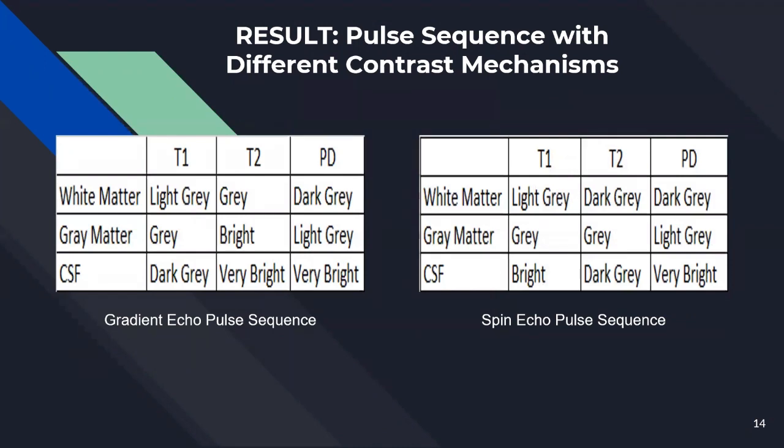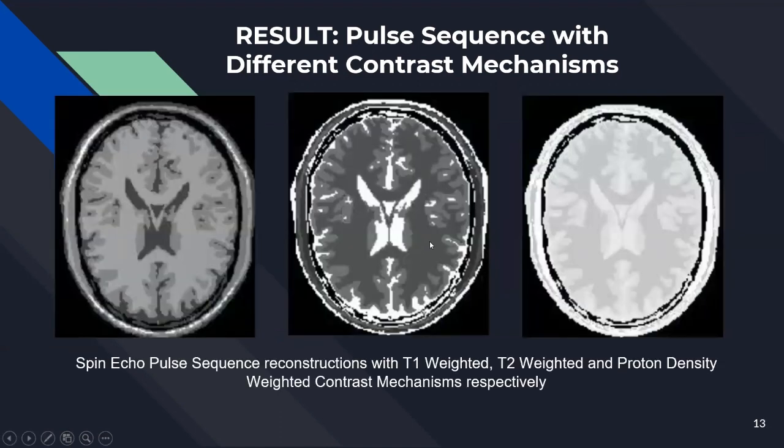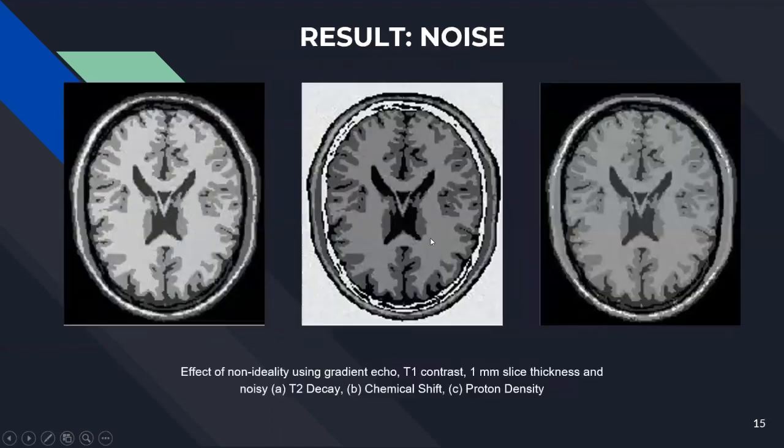Also, you can see the gradient echo pulse sequence and spin echo pulse sequence color codes in these tables. For example, in the T2 weighted, white matter is gray, and in T2 weighted spin echo, it's dark gray. Like you can see this dark gray and this gray.